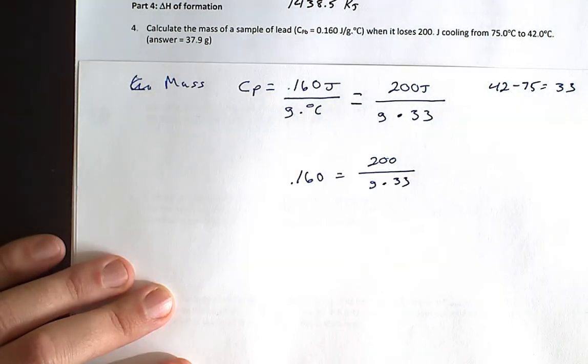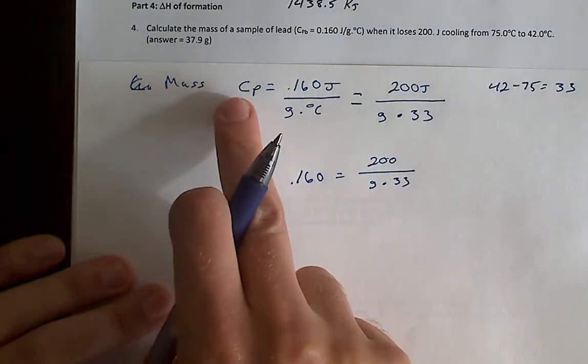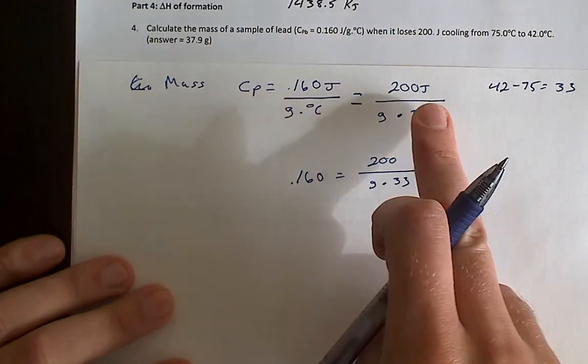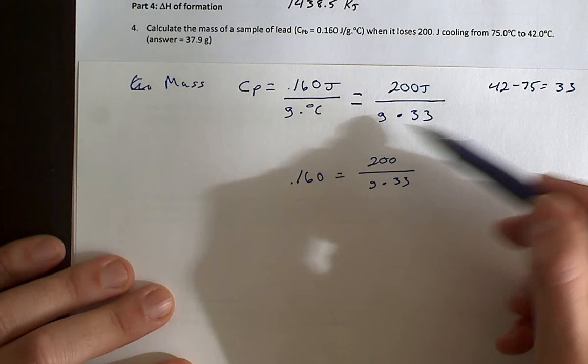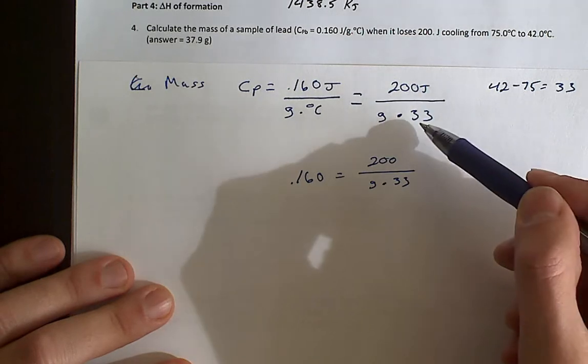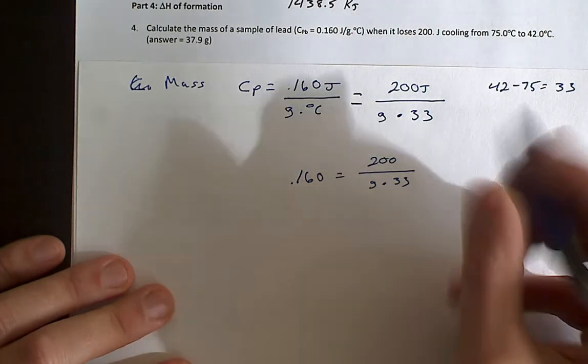Okay, so there's our figures broken out. Whenever we're given the specific heat of something, we can then set it equal to a formula, which is basically the units, joules, grams, and the degrees temperature change, and solve for our mass.